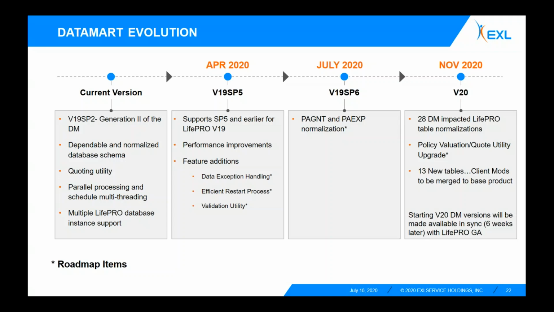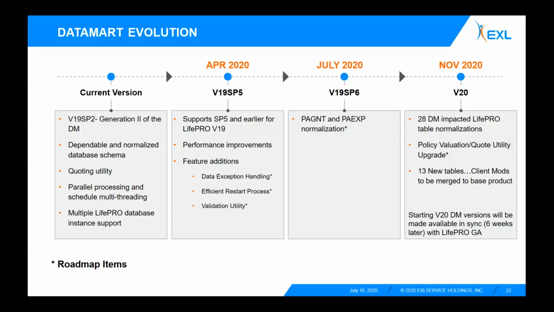Mahesh dove deep on those, and that's really that V19 SP5 version of DataMart that we have. And the big note here is, as a client who's on V19 anywhere up through Service Pack 5, this version of the DataMart is available to you, and it's supported through that spectrum of base through SP5.